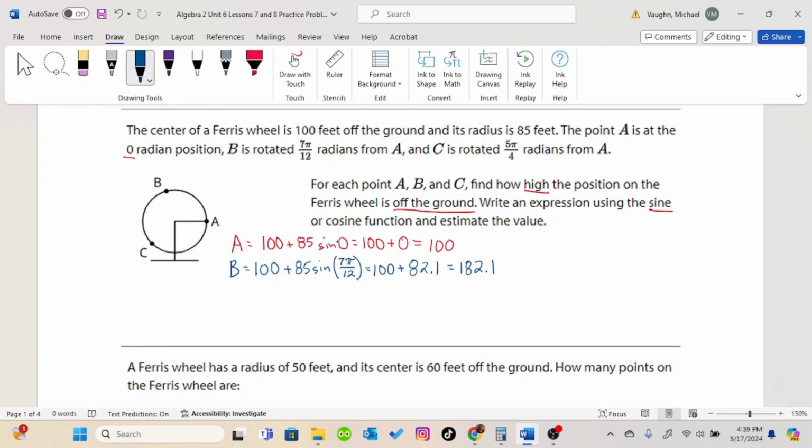So far we have found that point A is going to be 100 feet above the ground, and point B is going to be 182 feet above the ground.